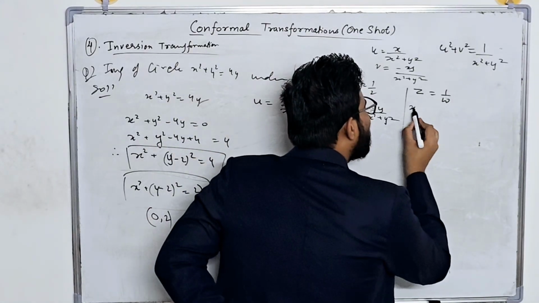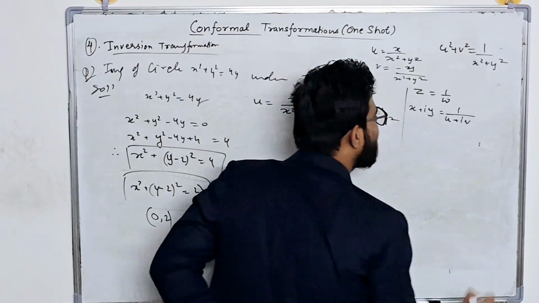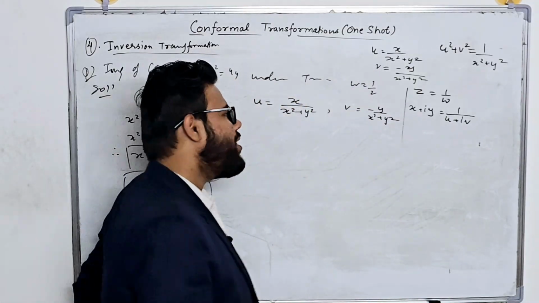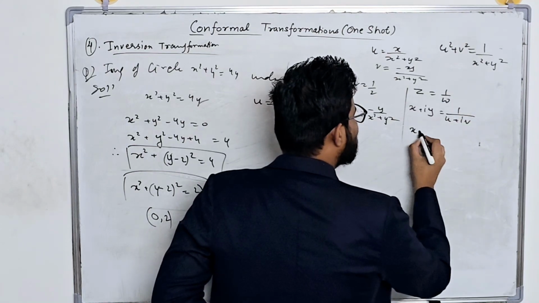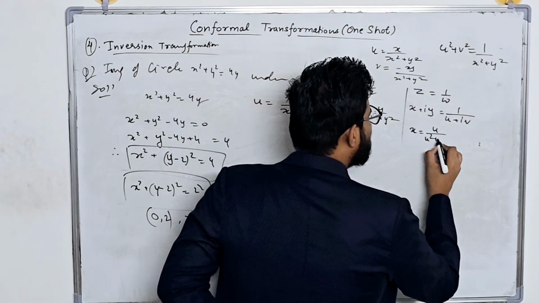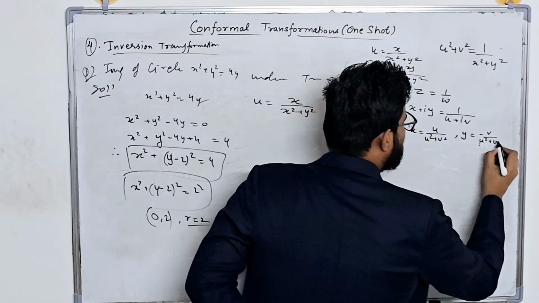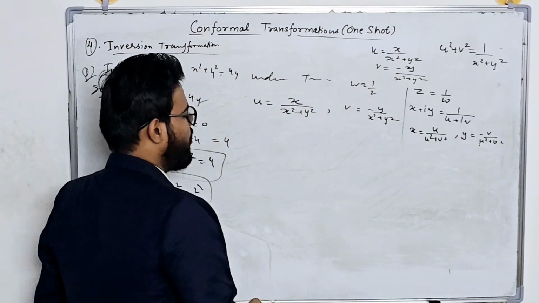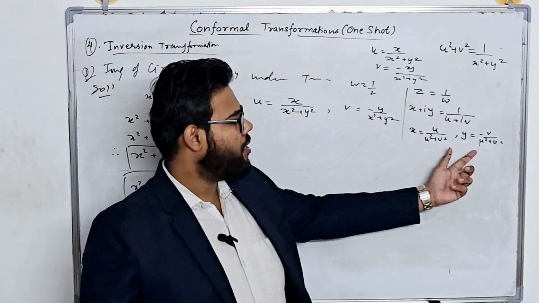So we have x plus iota y is equal to 1 upon u plus iota v, right? And similarly, when you rationalize this, you will get x is equal to u by u square plus v square, and y is equal to negative v by u square plus v square. So depending on the question, if you have to use this, then use this. If you have to use this one, use that.